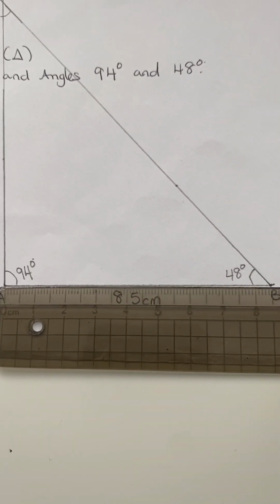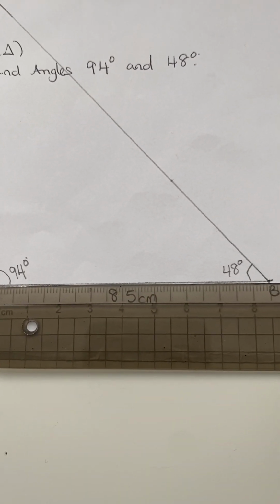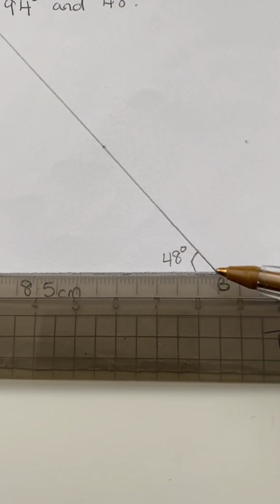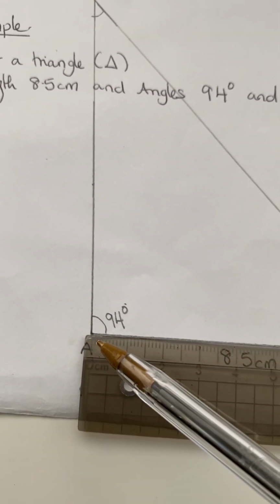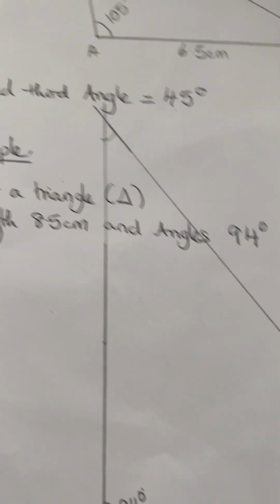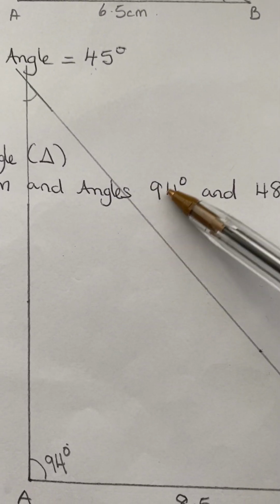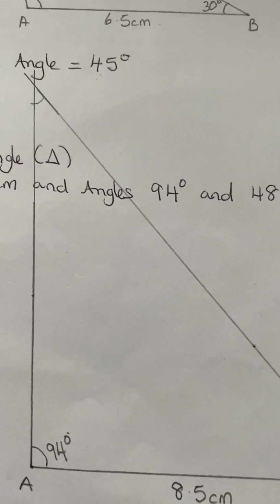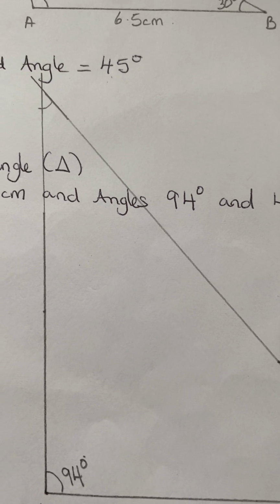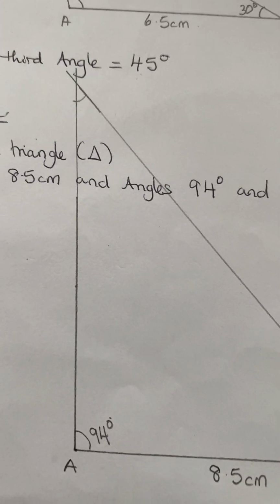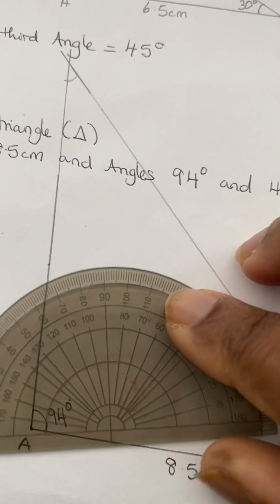That is 8.5 at B, and that is 0 at A. So in my mind, I'm doing the bigger angle first. My bigger angle is 94. So on one end, on my end A, I'm going to measure 94.